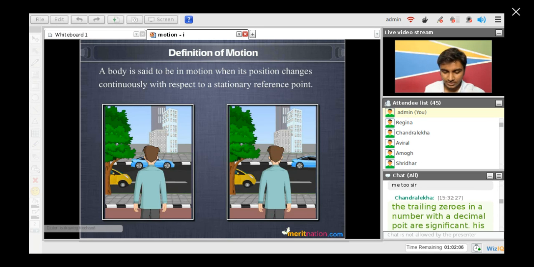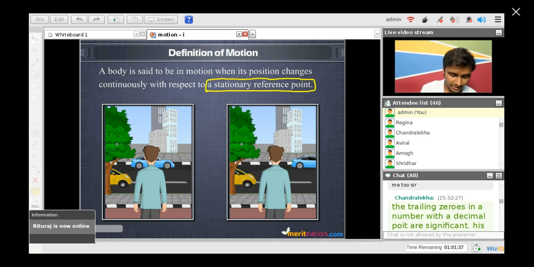When the body changes its position with respect to a stationary reference point, then that body is said to be in a state of motion. I repeat it once again. When the body is changing its position with respect to a stationary reference point, then that body is known to be in motion.